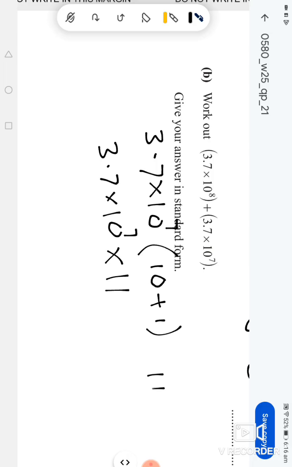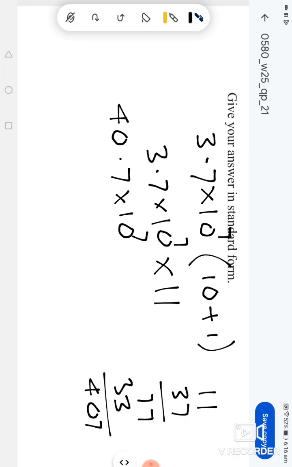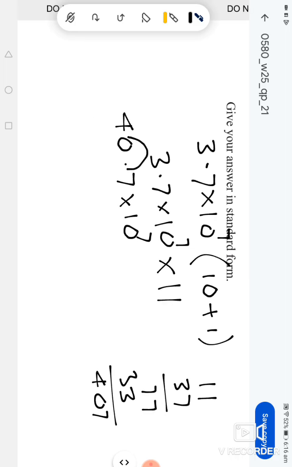So 11 times 37, 407. So 40.7 multiply 10 to the power 7. So this decimal shift here. So 4.07 into 10 to the power 8.